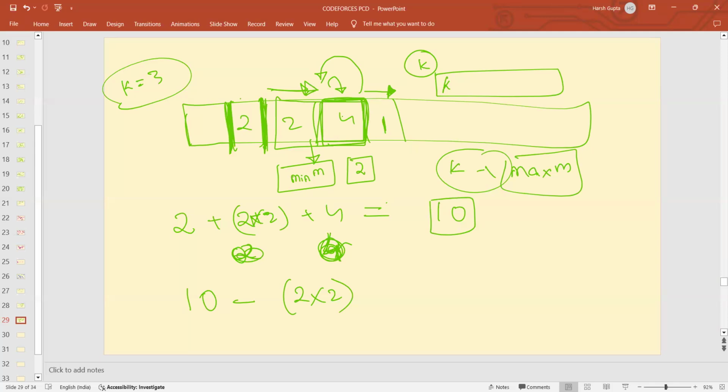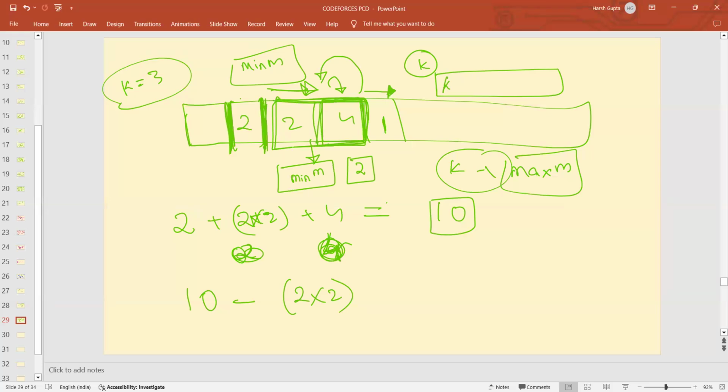But now there is a possibility that I want the element that is at the end of these k minus 1 elements to come in between. So the best possibility would be that from these k minus 1 elements that I have chosen, I remove the minimum element, because I don't want this sum to be affected by too much.